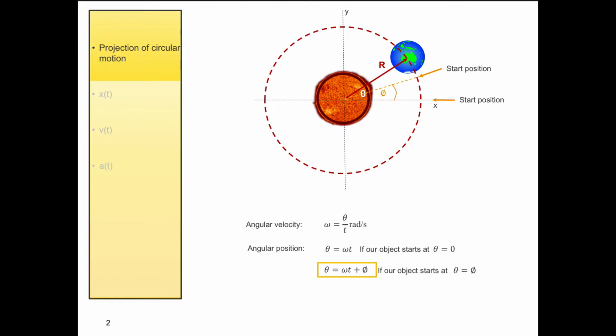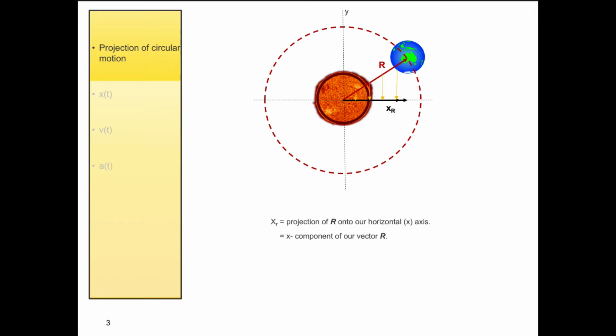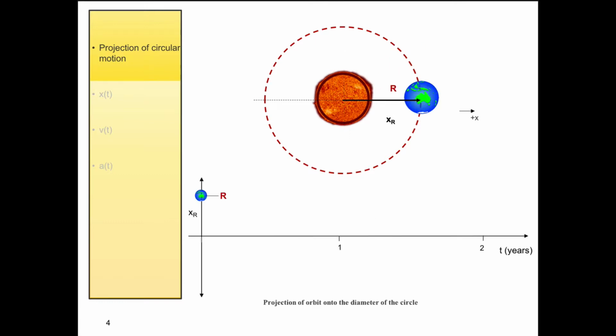So what we're interested in is the projection of this motion on the x-axis. What we're looking at is essentially the x component of our position vector, our r vector. If we start with our simple system, with our Earth or our object beginning at theta equals 0, we can plot our x projection, which is x on the y-axis, as a function of time, or the orbital time period, in this case years.